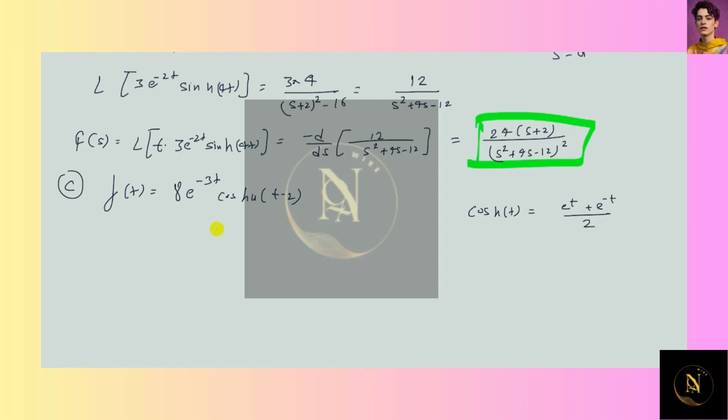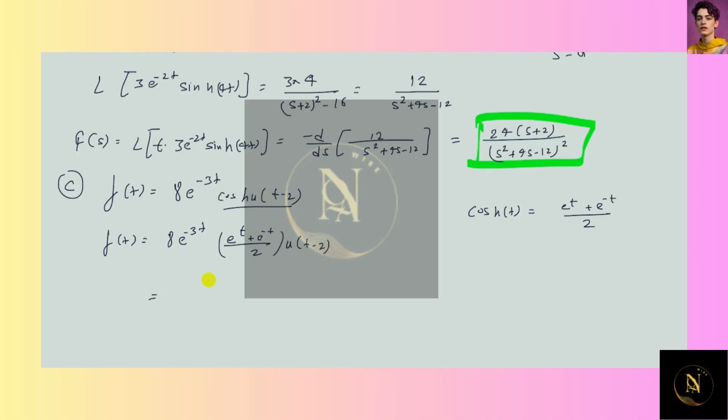So our function is f(t) = 8 multiplied by e^(-3t) and this term, (e^t + e^(-t)) divided by 2, multiplied by u(t − 2).